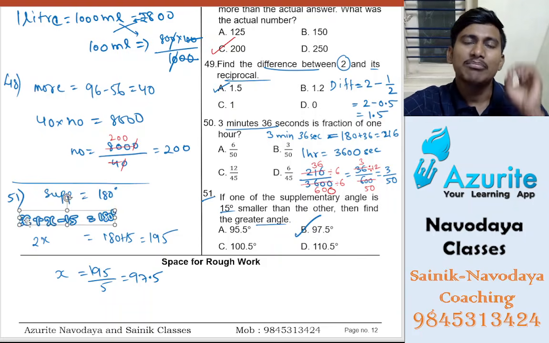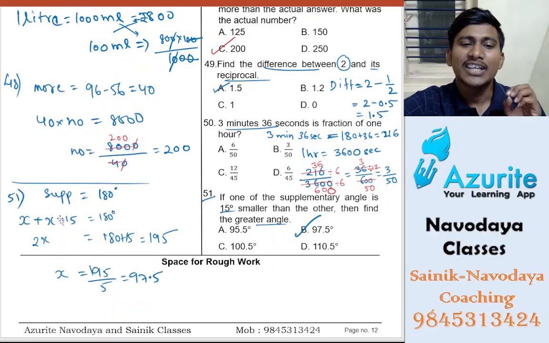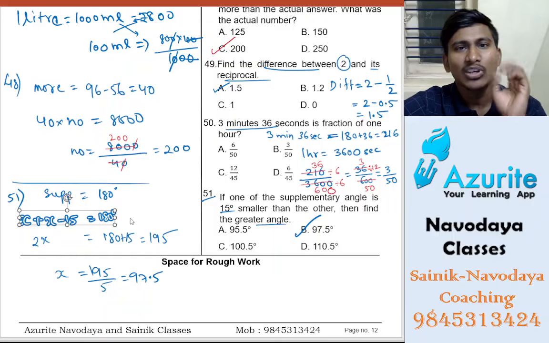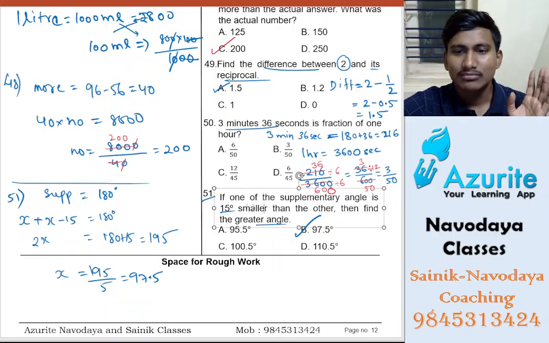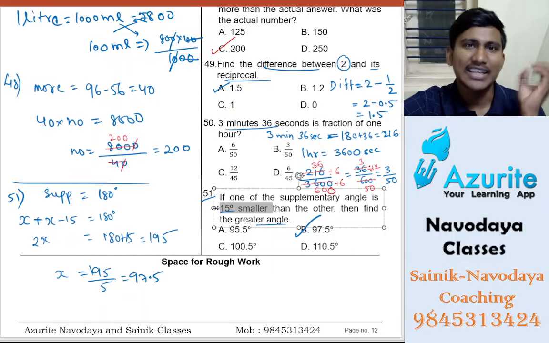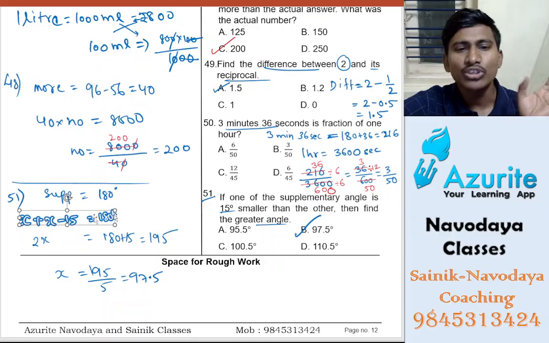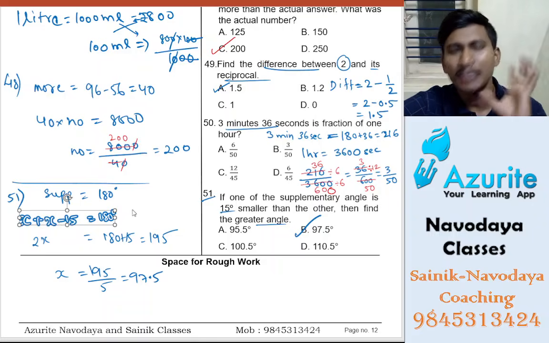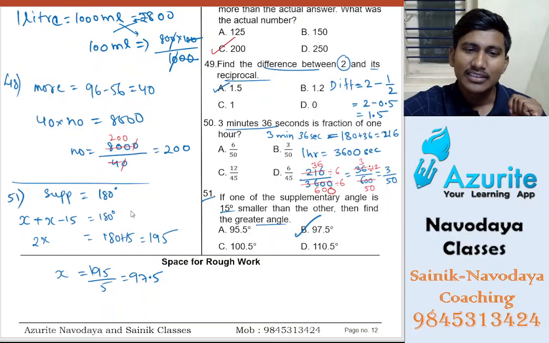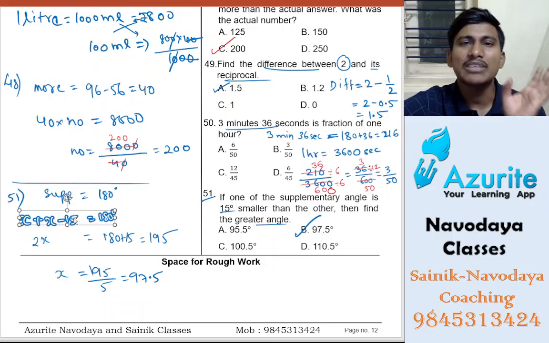If you take one bigger angle x, the other angle is x minus 15, 15 degrees smaller. So if you add them both, you should get 180 degrees. That is the supplementary angle, right?